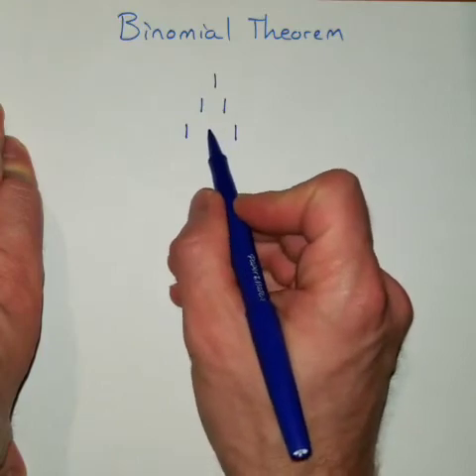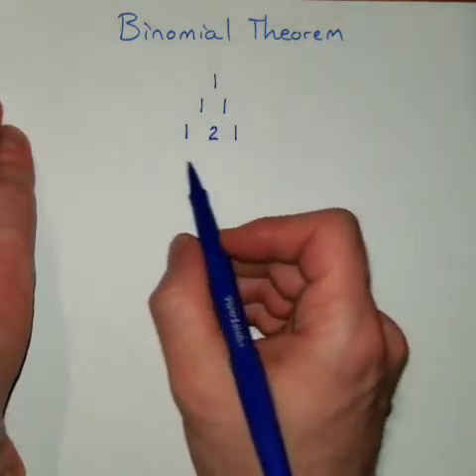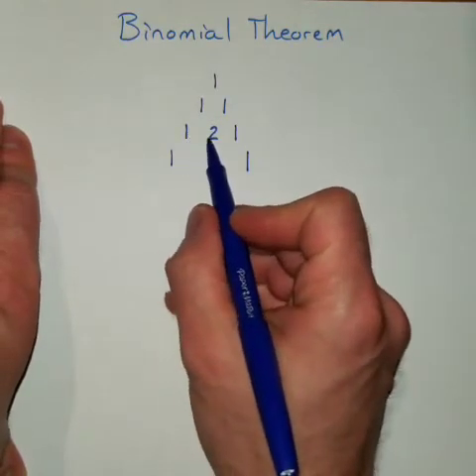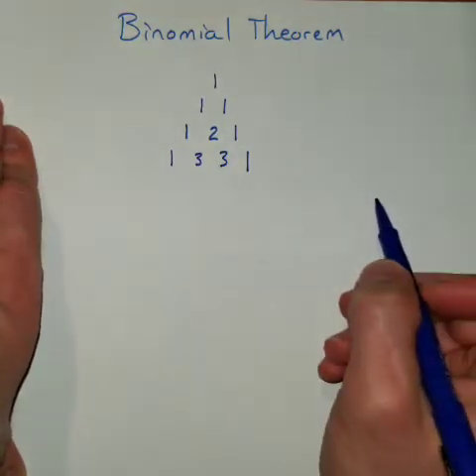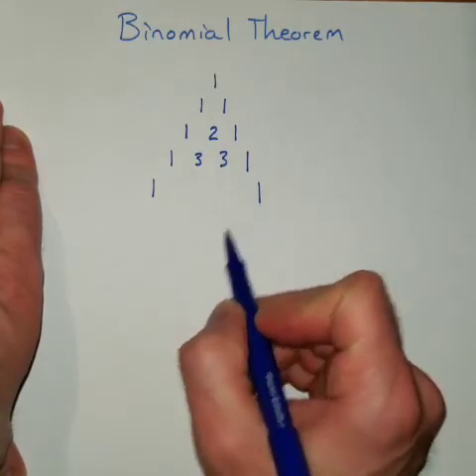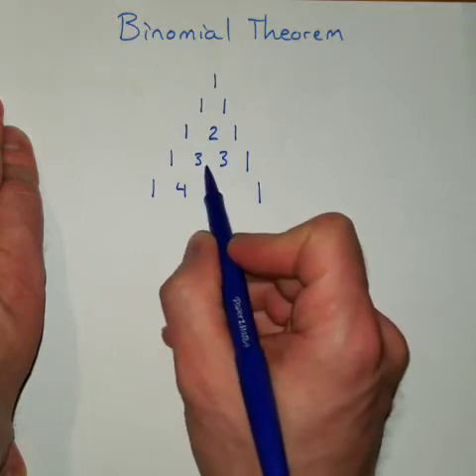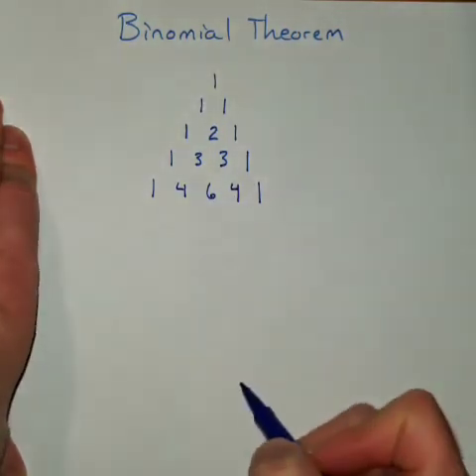1 plus 1 equals 2. If you continue on, start with a 1, end with a 1, in between 1 plus 2 is 3, 2 plus 1 is 3. Then you throw a 1 in, a 1, and then you add again. 1 plus 3 is 4, 3 plus 3 is 6, 3 plus 1 is 4.